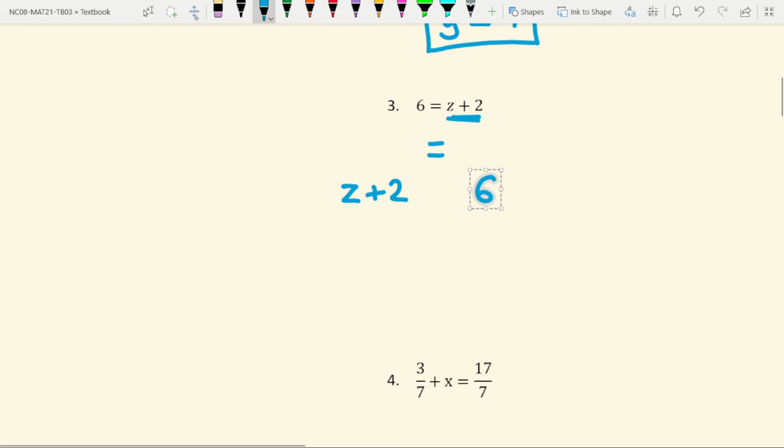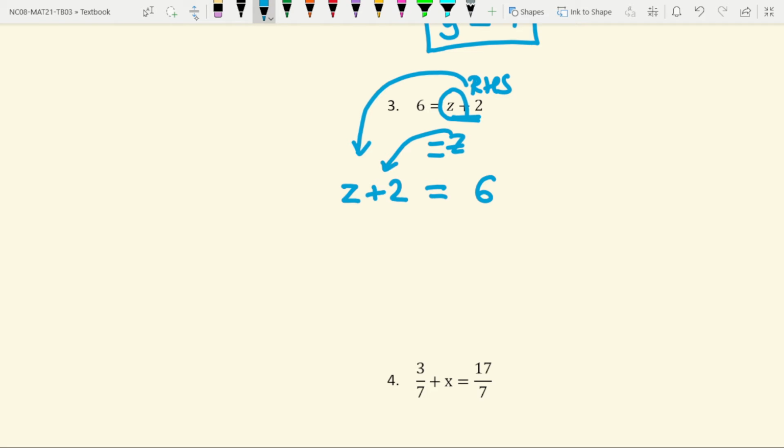This equation will now become z plus 2 is equal to 6. The unknown term is given in RHS, so we have to shift it into LHS. Instead of bringing only z, we bring the whole RHS to LHS and the whole LHS to RHS.